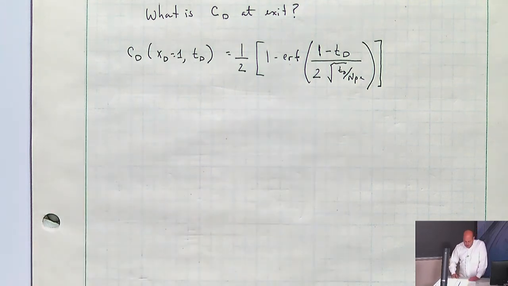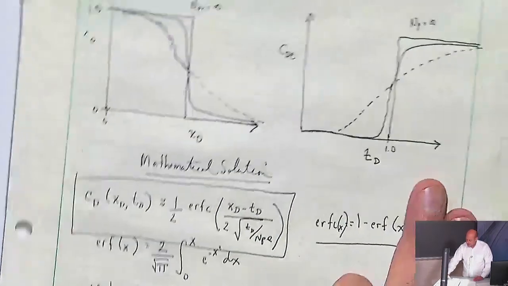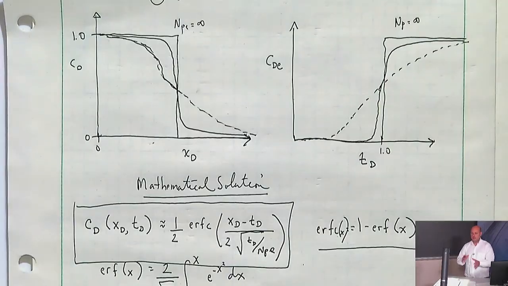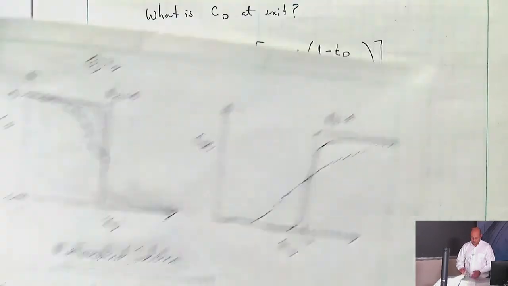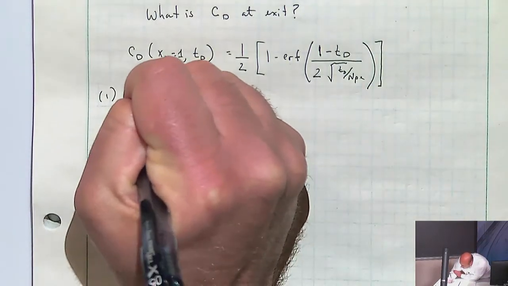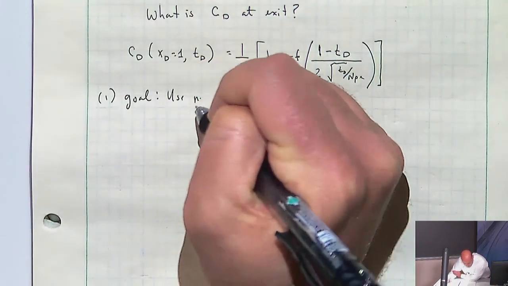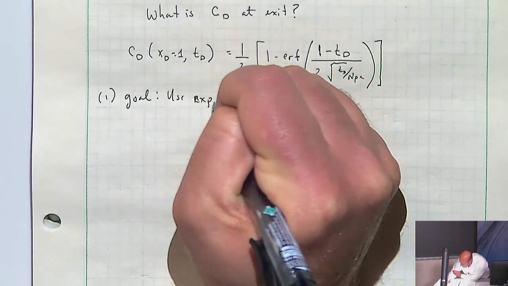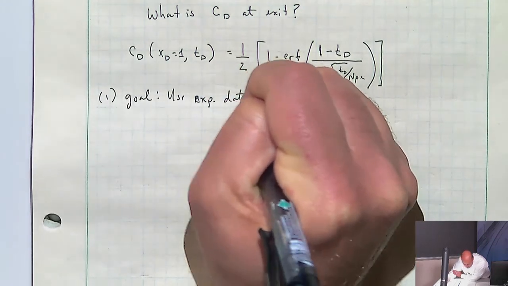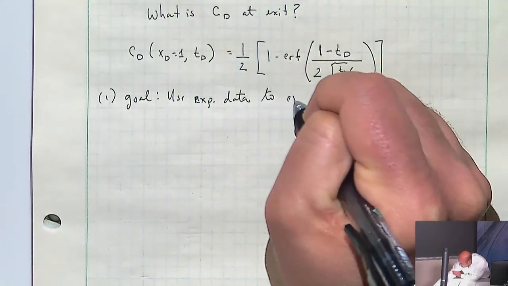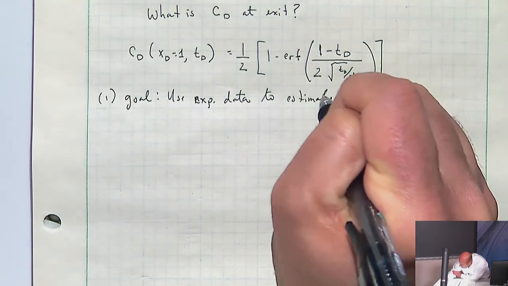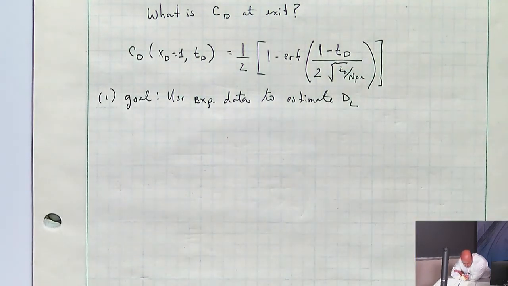So one thing you could do is you could just fit your equation to the data, and you could adjust it. Maybe you can do some nonlinear regression. So the goal is to use experimental data to estimate DL. That's the dispersion coefficient.